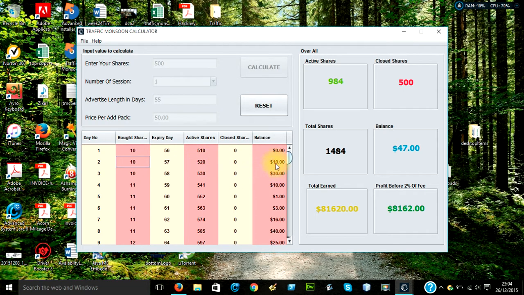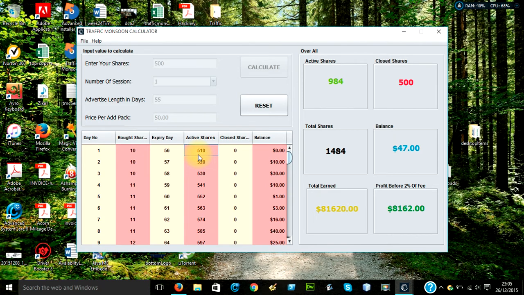Your remaining balance will be 10. How come the $10 remains? Because on the first day you put in the extra 10 shares, your total active shares were 510, and we know with $500 you can buy only 10 shares. How did you get the $500? You start with 500 shares, and from the 500 shares every day you get 2% of your shares.